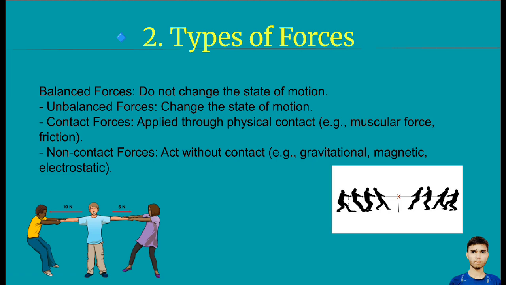Now what will happen? That magnet will attract the iron and nickel. It is happening because we have a magnet. So this kind of force we will also call a magnetic force.